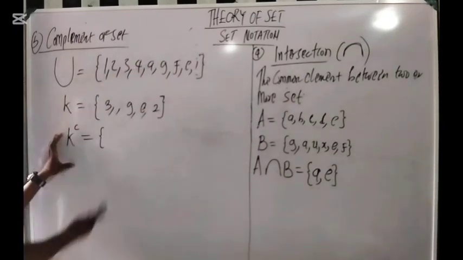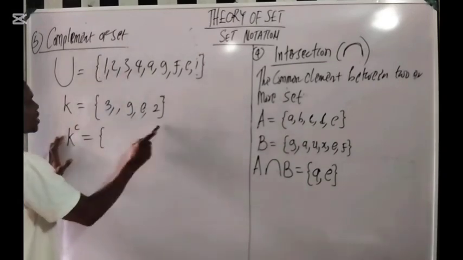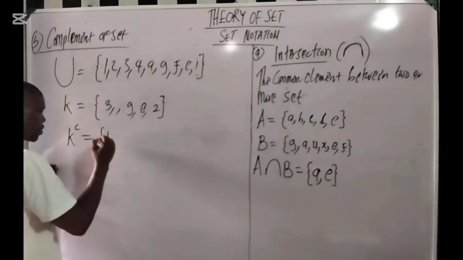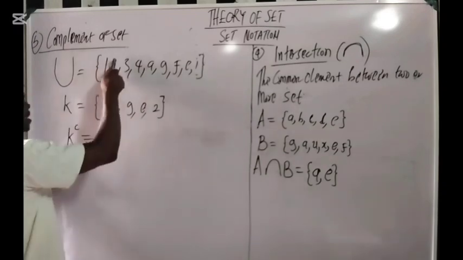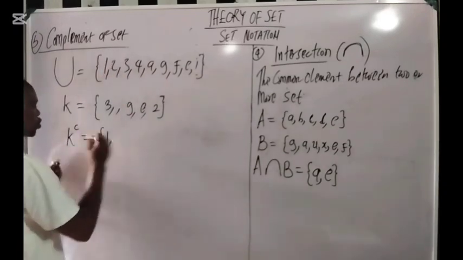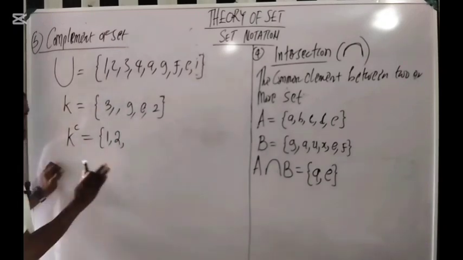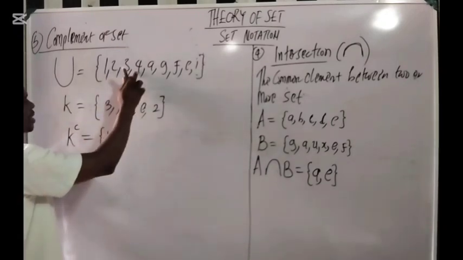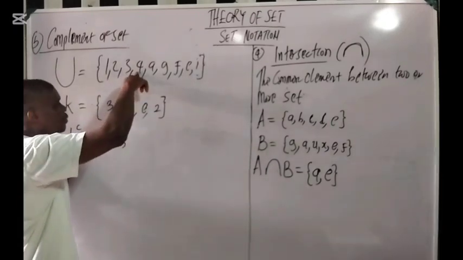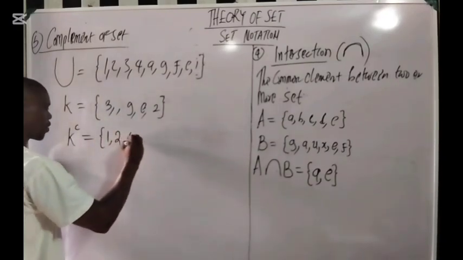If you look at this very well, 1 is in the universal set, but 1 is not here, so put 1 there. 2 is in the universal set, but 2 is not here, so put 2. Right? 3 is here, 3 is here, good, so 3 is not included. 4 is inside the universal set, but it's not here, so put 4.